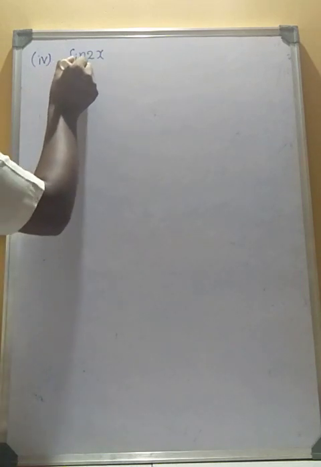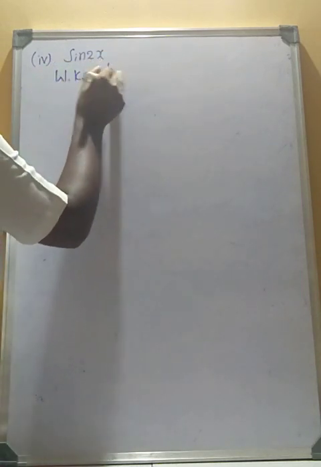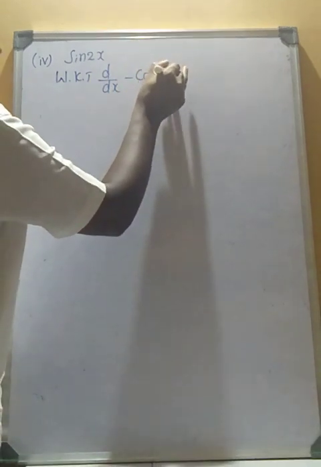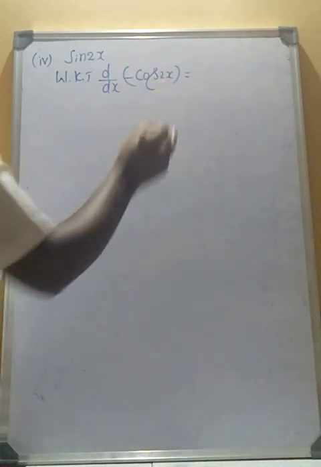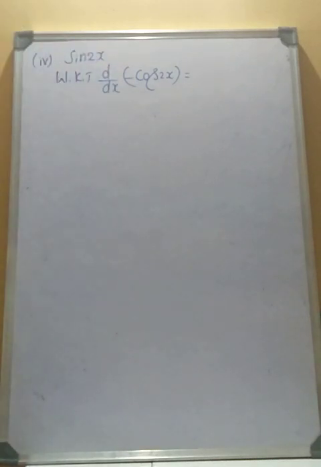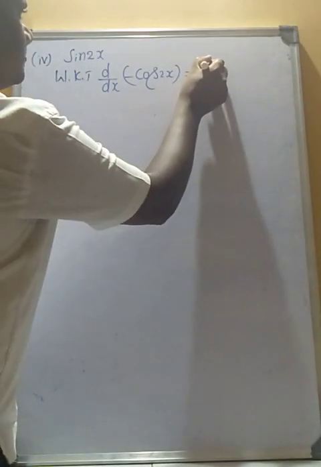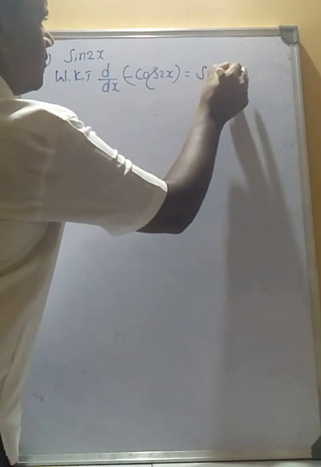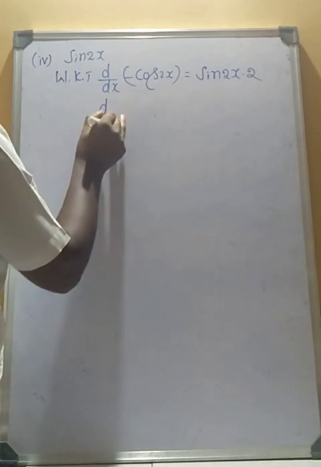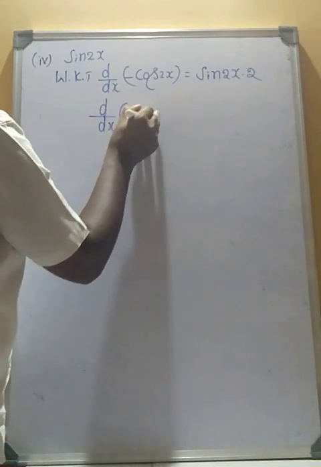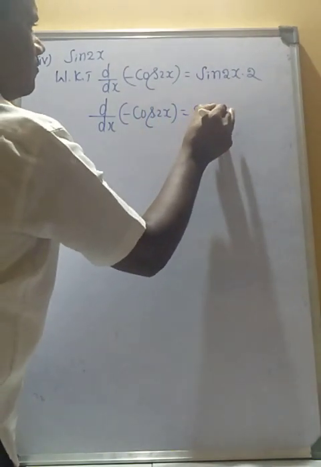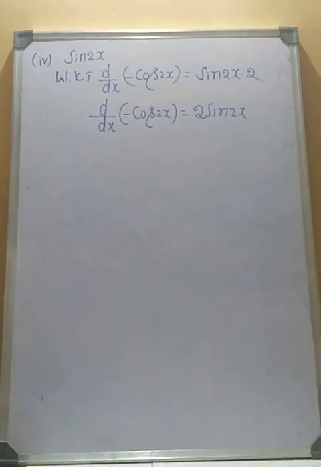We know that the derivative of minus cos 2x, since you know that d by dx of cos x is minus sin x, minus into minus becomes plus, that is sin 2x into 2. Therefore d by dx of minus cos 2x is equal to 2 sin 2x.